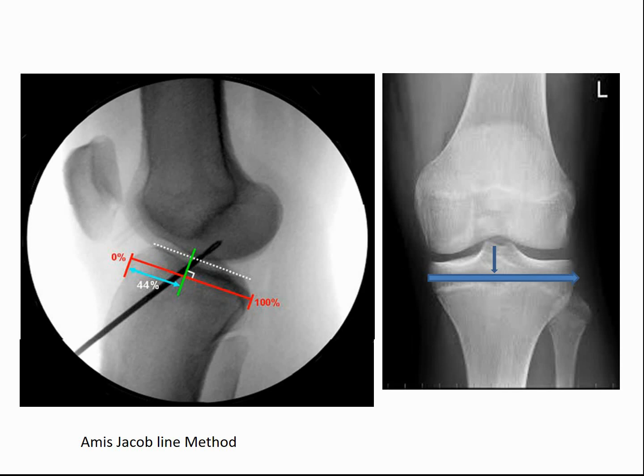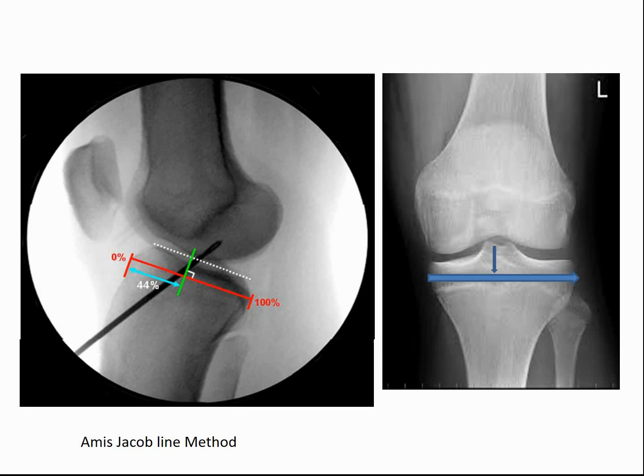The tibial guide pin position is calculated by dropping an orthogonal line, which is the green line, from the point where the tibial guide pin crosses the medial joint line onto the Amis-Jakob line. The distance from the anterior tibial cortex, that is 0%, to the orthogonal projection onto the Amis-Jakob line, the blue line with the arrowhead, is calculated as a percentage of the total length of the Amis-Jakob line.